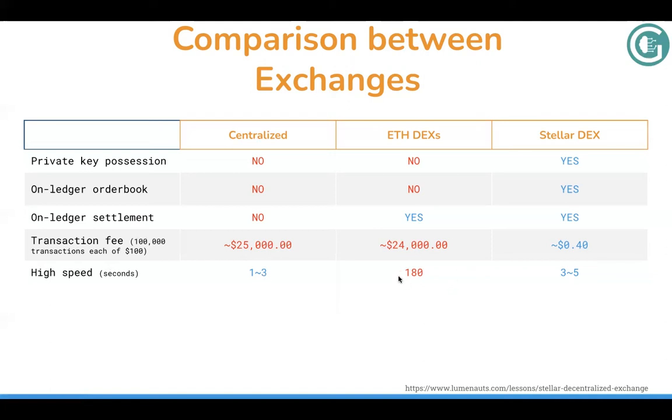Ethereum DEXs are a little bit slower, somewhere around 3 minutes. As of now, it could be updated since I last verified it. And for Stellar DEX, it is between 3 to 5 seconds. So that makes the Stellar decentralized exchange the fastest decentralized exchange out there in terms of transaction speed.